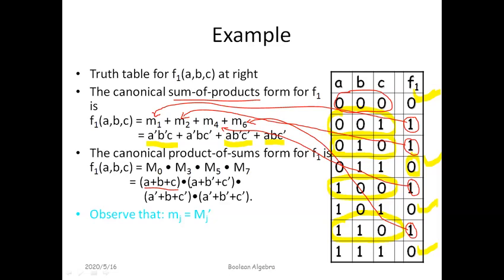So we have A here, it's not inverted, then plus B bar, C bar. We move to the third. The third is 1, 0, 1. So we invert for A, we don't invert B and invert C, which is what is happening here. Till we go to the last one, where everything is inverted.